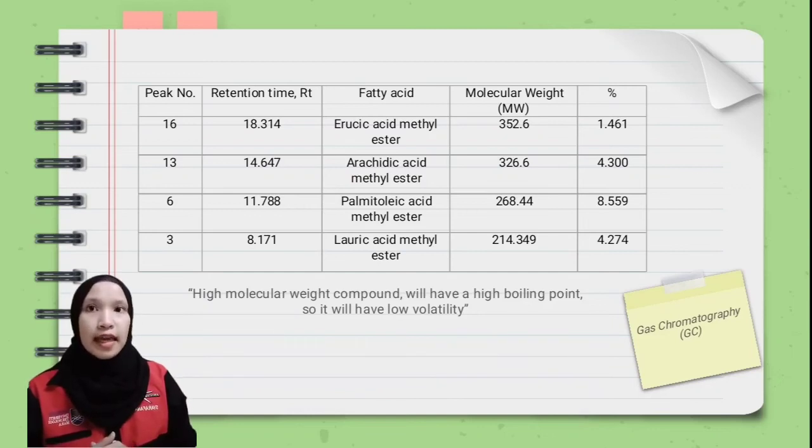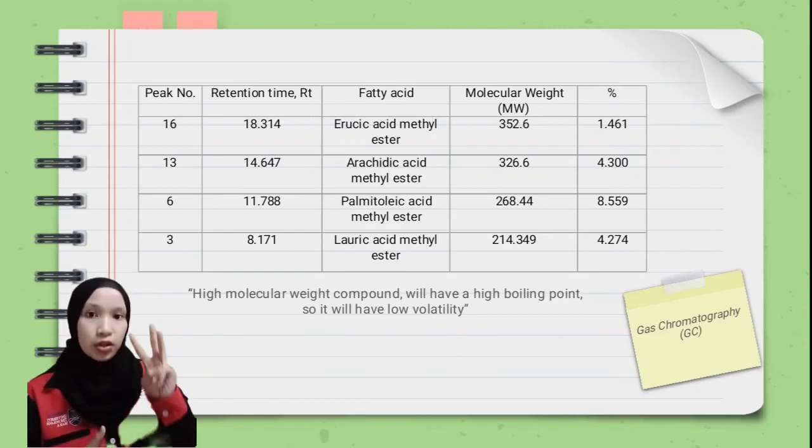Arachidic acid methyl ester will elute before erucic acid methyl ester because of its lower molecular weight and lower boiling point, so it has a higher volatility compared to erucic acid methyl ester. And lastly, erucic acid methyl ester has the highest molecular weight, high boiling point, and low volatility, which proves that this compound will elute latest and slowest of the 4 compounds.